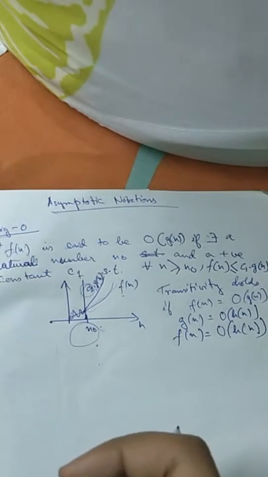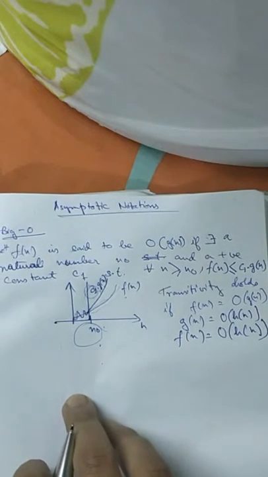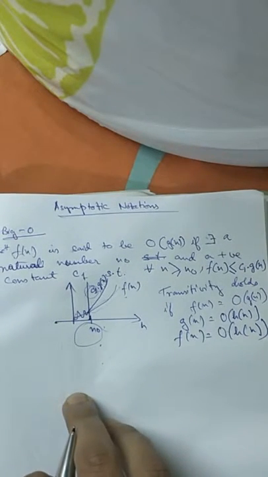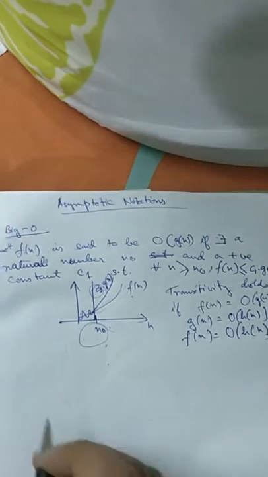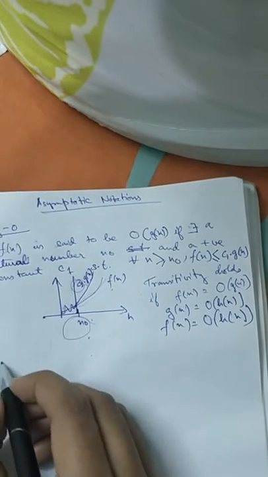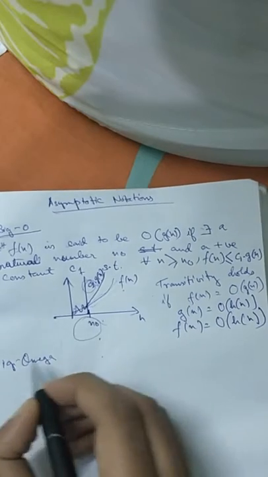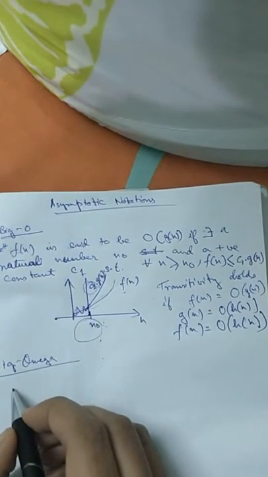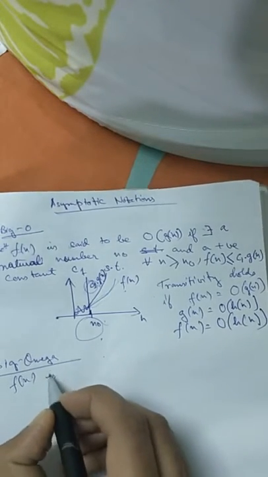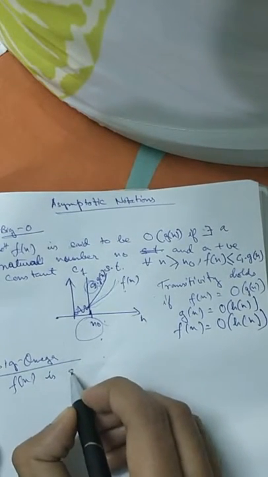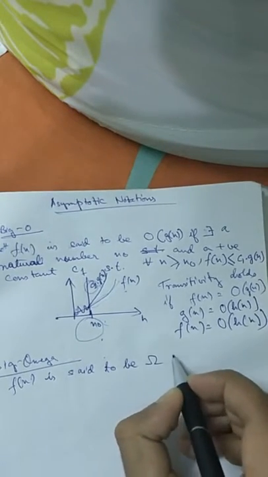Now we go into big omega. So the big omega notation. A function f(n) is said to be omega of g(n).